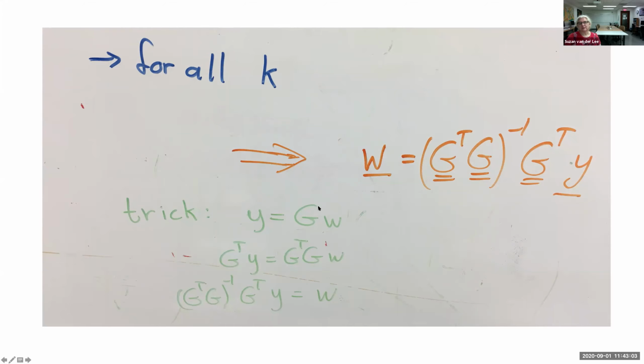So we know we can't invert G, so we just simply multiply the left and the right hand side of this equation with G transpose. And then we take this G transpose G, which is now a square matrix, and multiply it with its own inverse. So on the right hand side, we're left with W, and on the left hand side, we have this. If you can remember this trick, you will always know what the least square solution is of a linear equation.